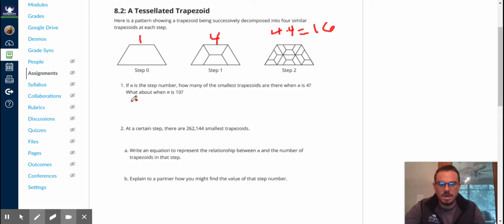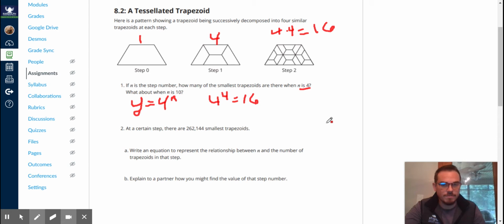So we're going to say that y, which is the number of trapezoids, is equal to 4 to the power of n, and n is the step number. So if we want to go to step 4, we can say 4 to the power of 4, which equals 16.